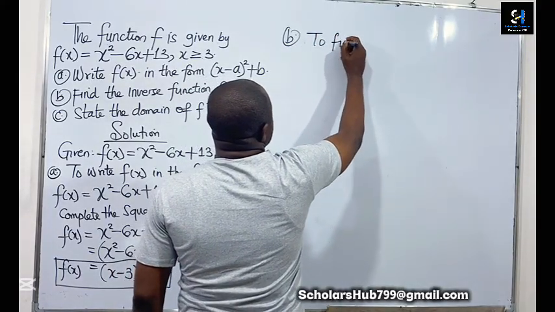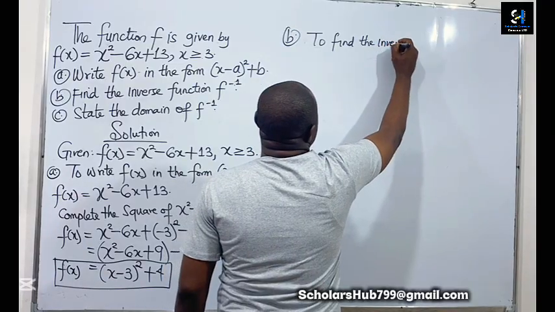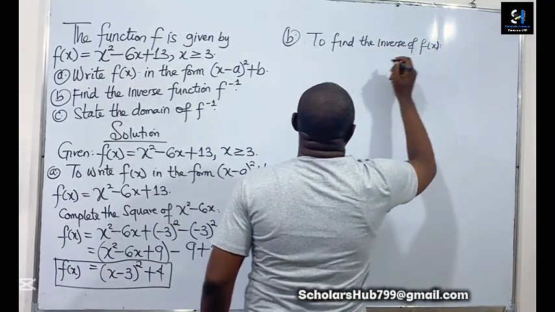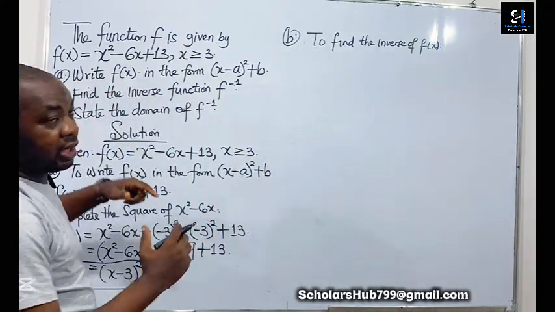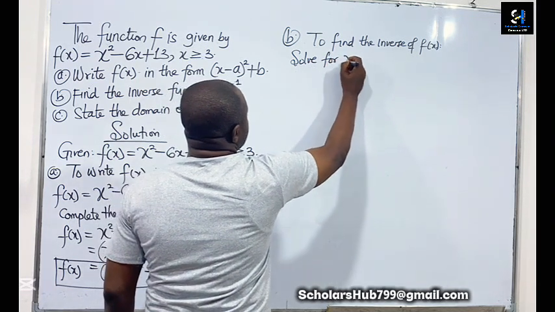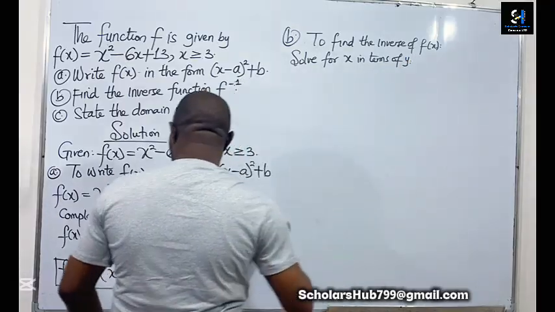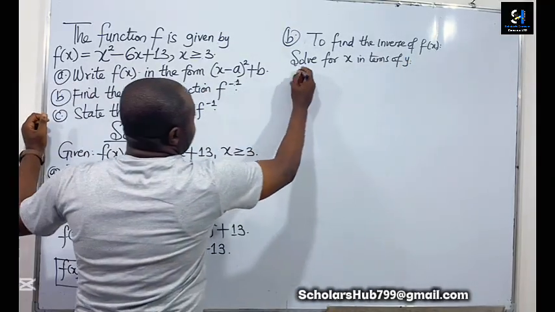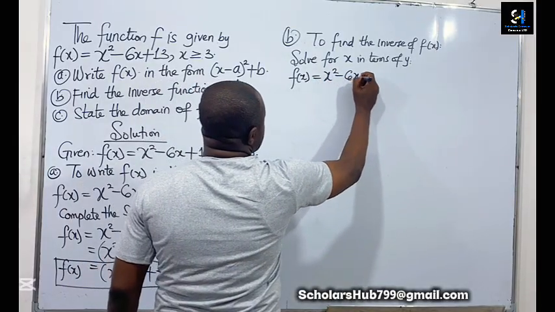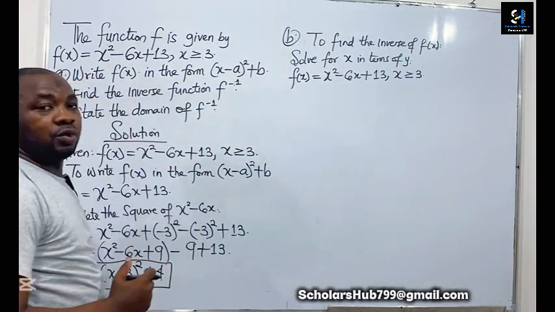Now part b, find the inverse function. To find the inverse of f of x, I'm going to solve for x in terms of y. The function we are given is f of x equals x squared minus 6x plus 13, defined for x greater than or equal to 3.